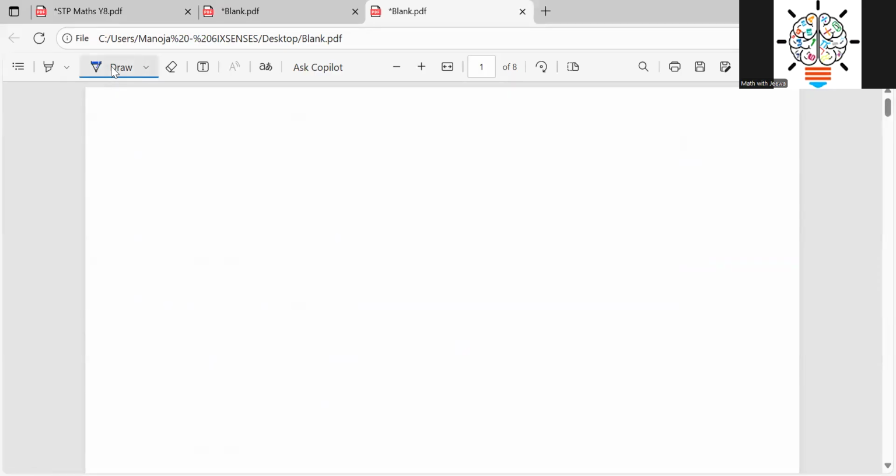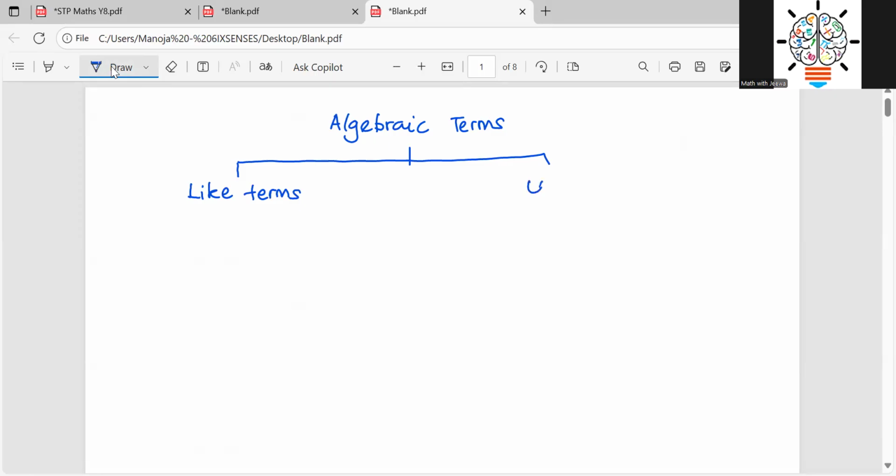Right, let's say we have algebraic terms. When we have algebraic terms, we do have two types: like terms and unlike terms. If you have 2x and 3x, they are like because they have the same variable.